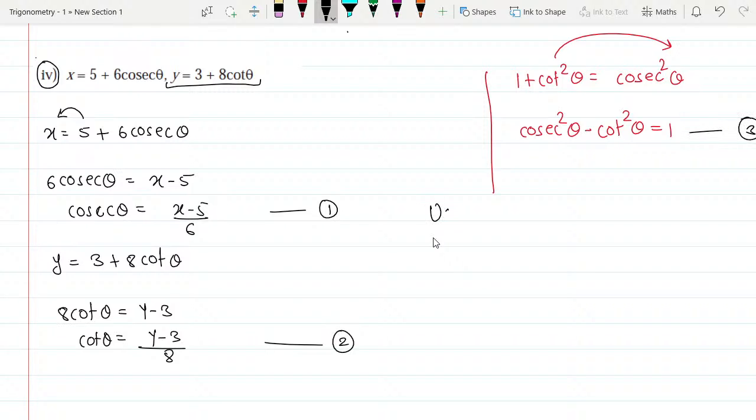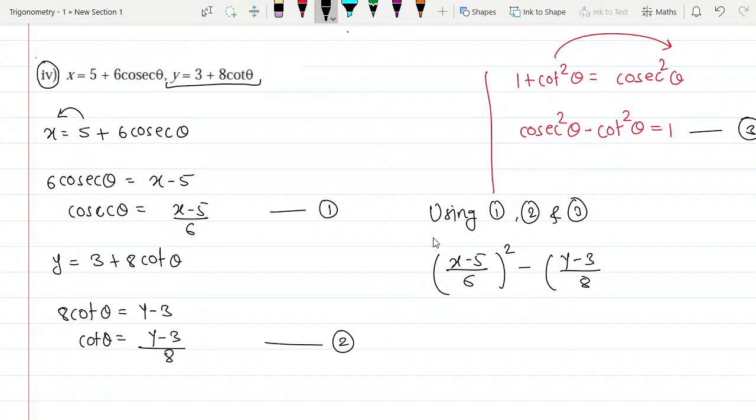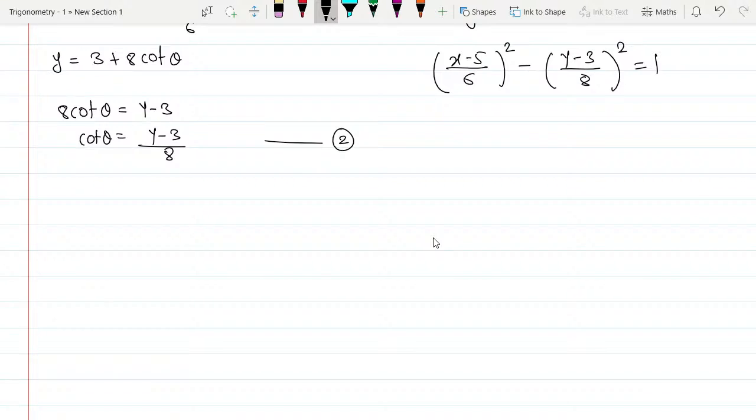So using 1, 2 and 3, let's substitute 1 and 2 into 3. So cosec square theta is x minus 5 by 6 whole square, minus cot square theta, which is y minus 3 by 8 whole square, is equal to 1. Now our task becomes very simple, we just need to solve this.